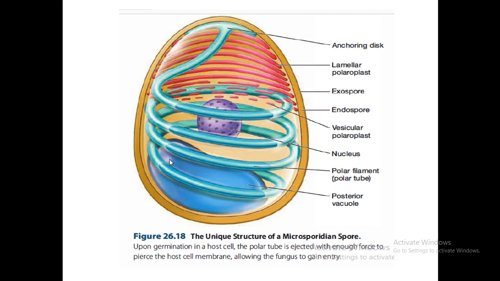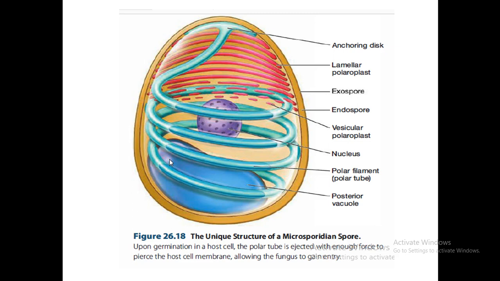They lack certain organelles, but their cell wall contains chitin like other fungi. So the spores may be of different shapes, spherical, rod-like, crescent shape, or egg-like, and especially they are problematic for those people who are immunocompromised, such as in HIV or AIDS.